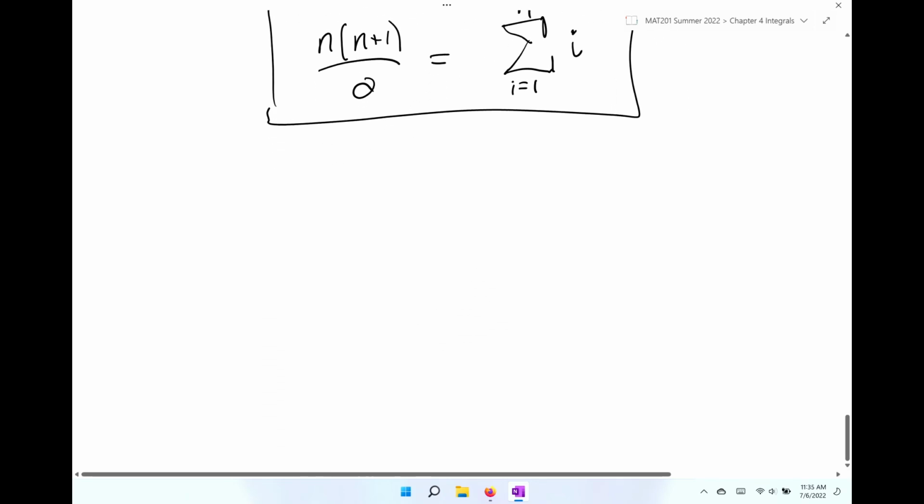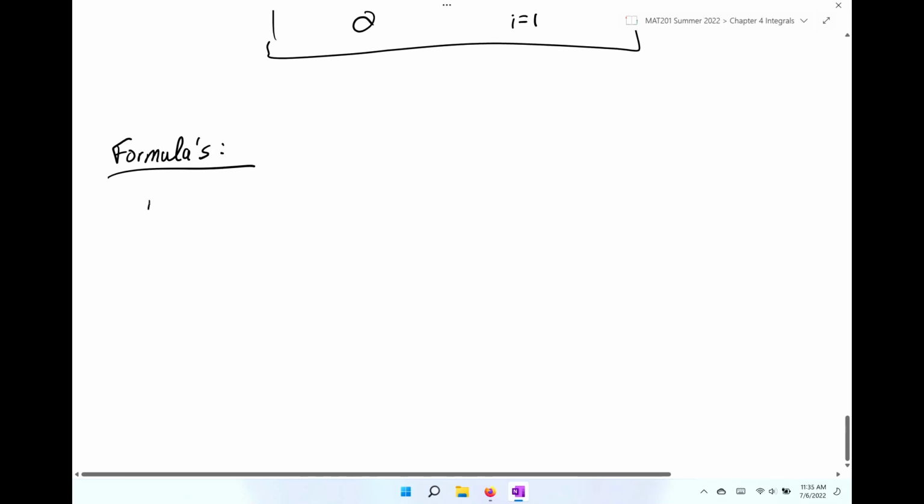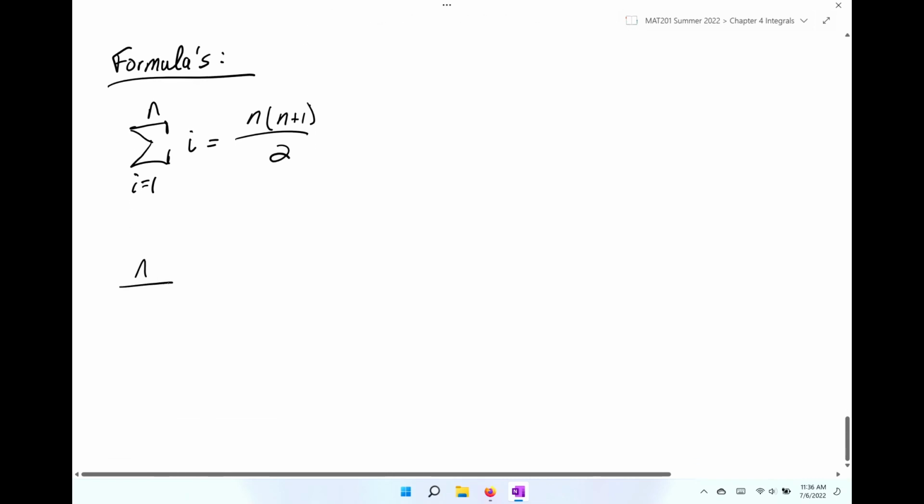So here are some known formulas. The first one is what we have up above. The second one is going to be the summation from i equals 1 to n of i squared.